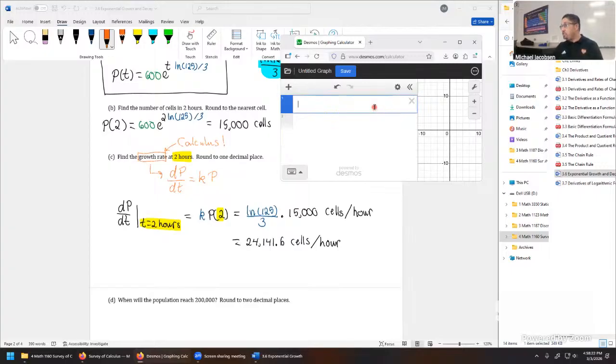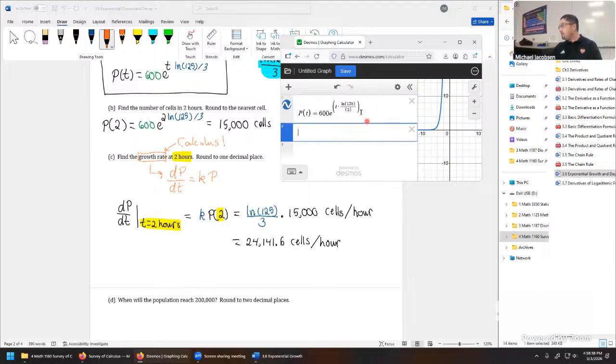And if we put in the population size, or the entire model, P of t equals 600 e to the power t times natural log 125 thirds. Here's our model altogether.